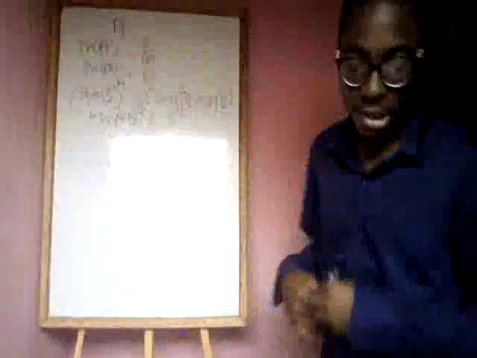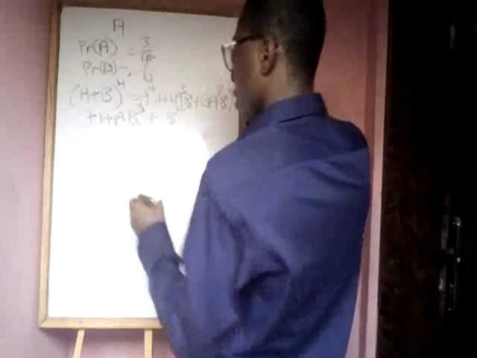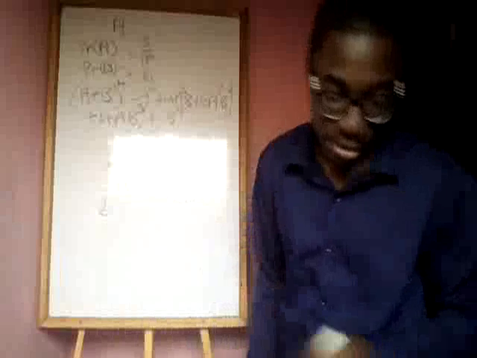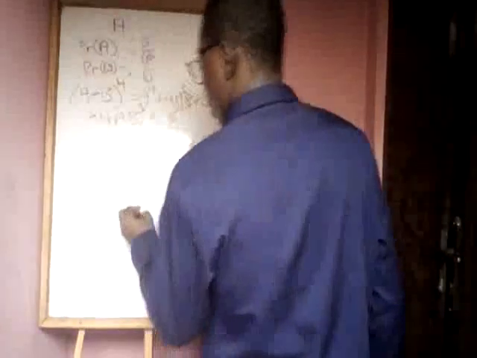In Poisson distributions, we have a particular formula: Euler's number raised to minus lambda, times lambda to the power r over r factorial.